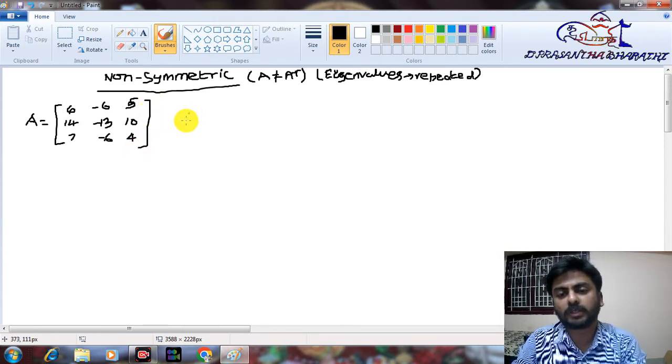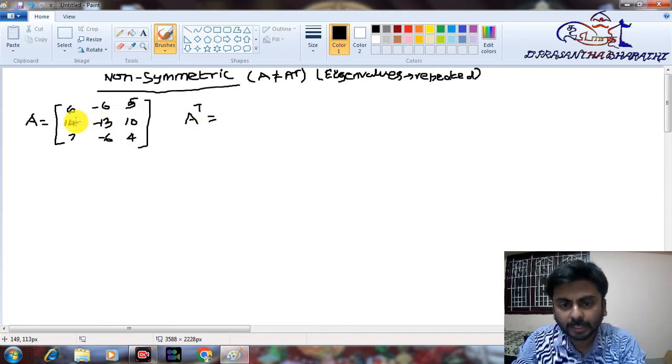So what is A transpose? It is not necessary to find A transpose, because you can compare here itself. Here this element is 14, this element is minus 6. These two elements are not same.